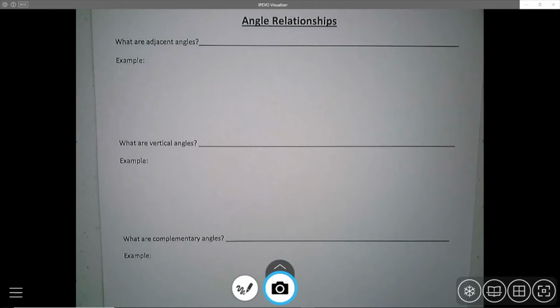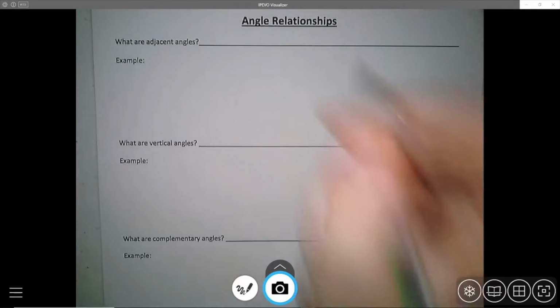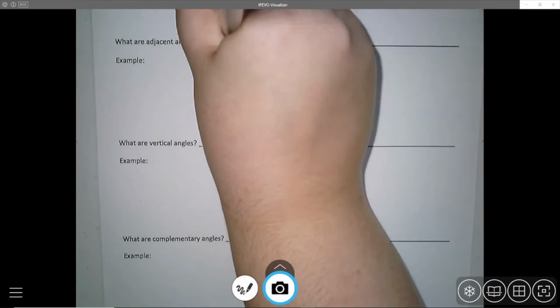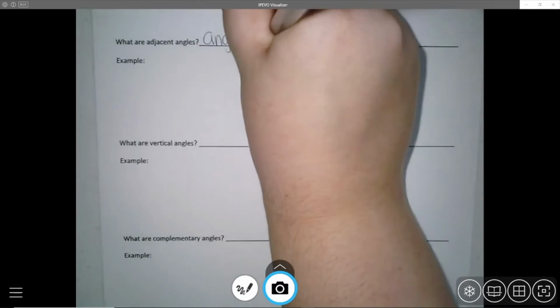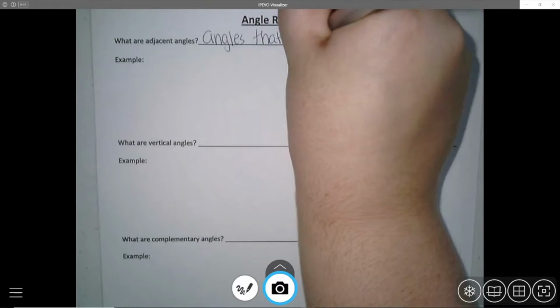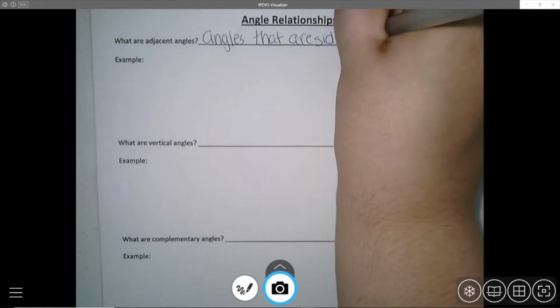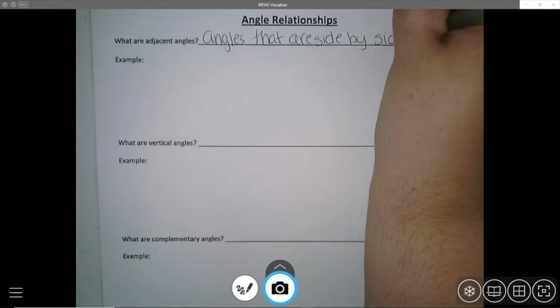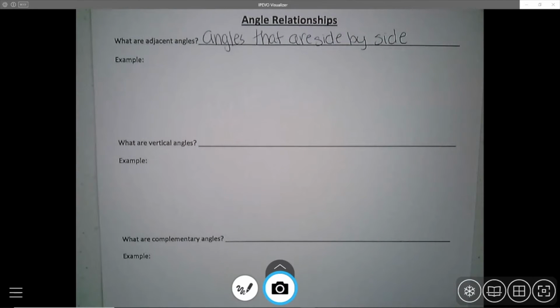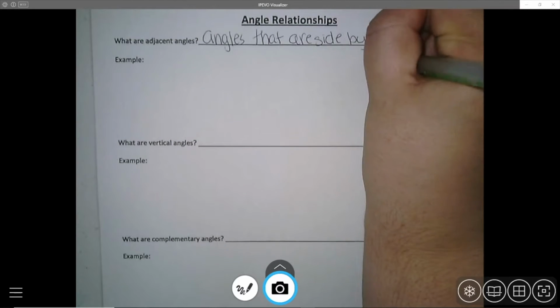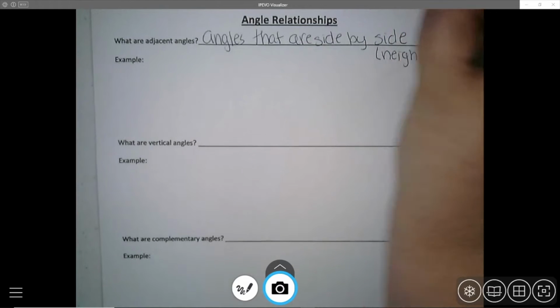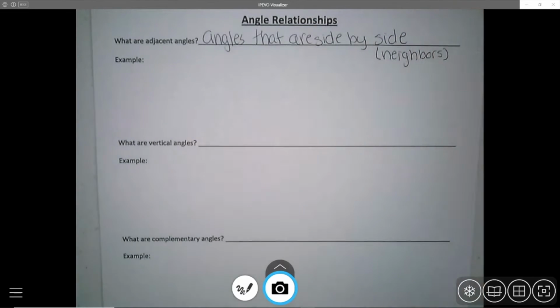So getting right into it, this first one: what are adjacent angles? These are angles that are side by side. Angles that are side by side are like neighbors. Wherever you live, you have a neighbor maybe on your side, or some of you may have a neighbor above or below.